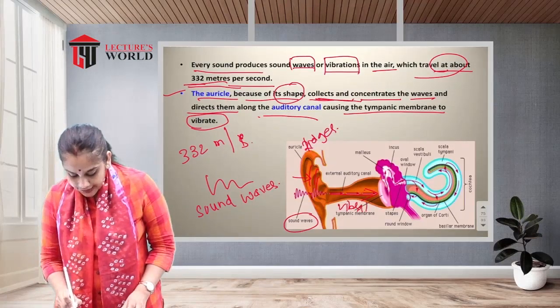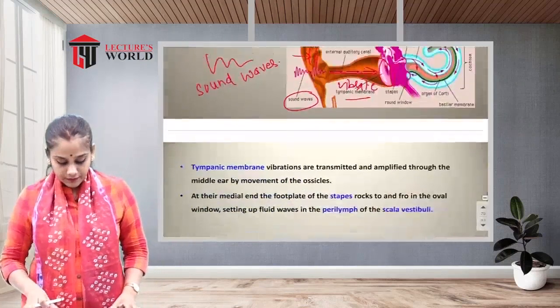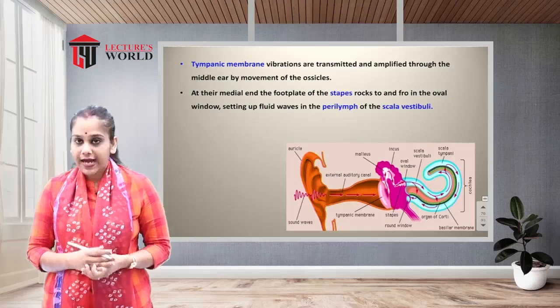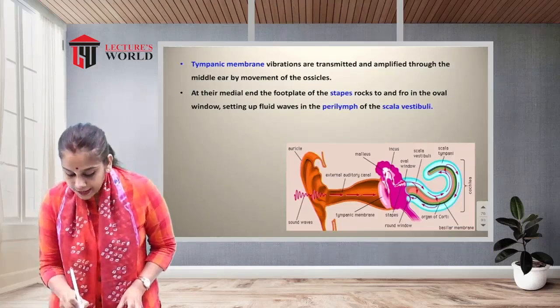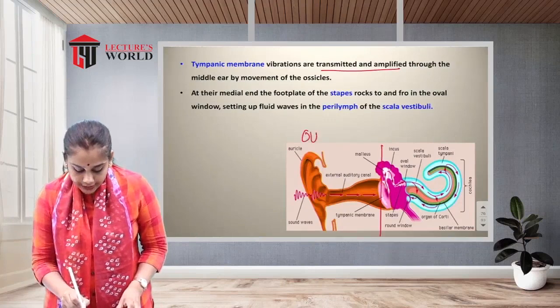Tympanic membrane vibrations are then transmitted and amplified. So that is the outer ear process.